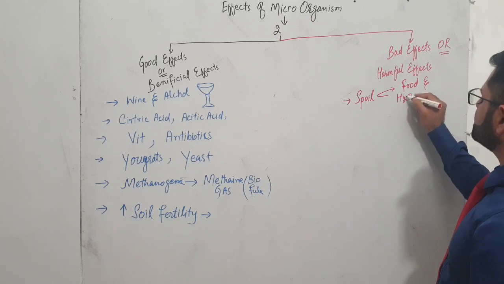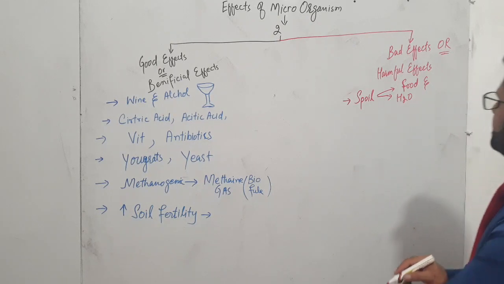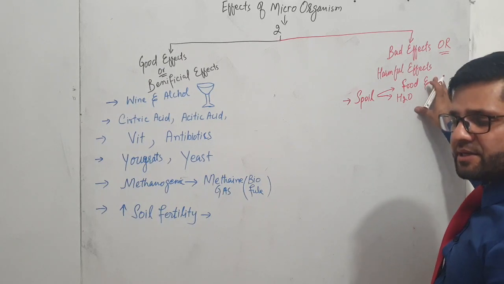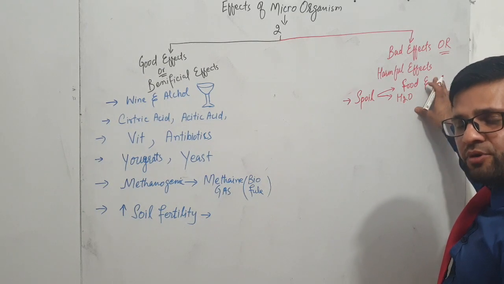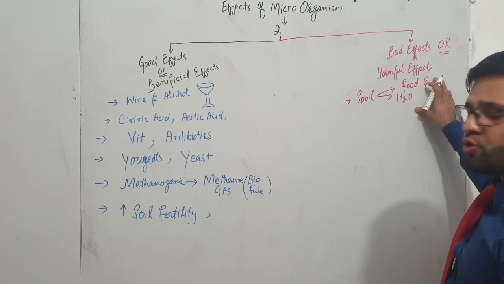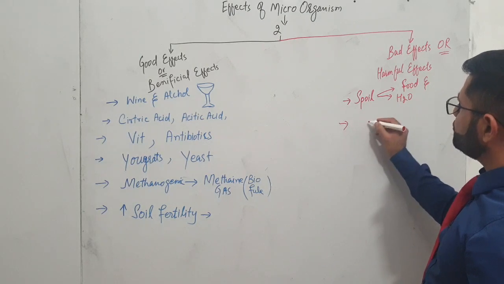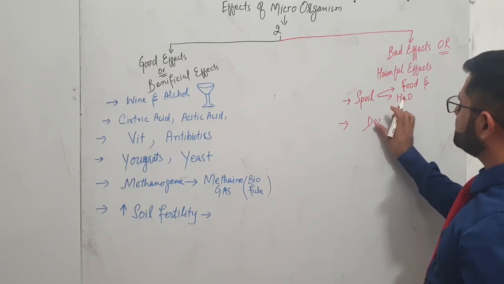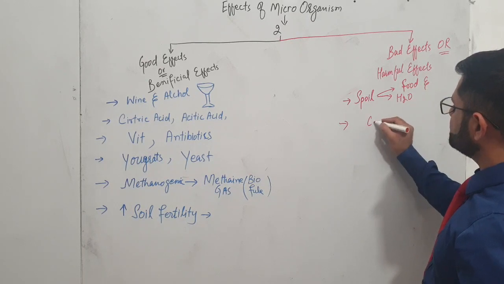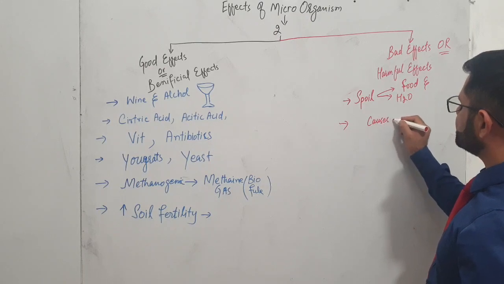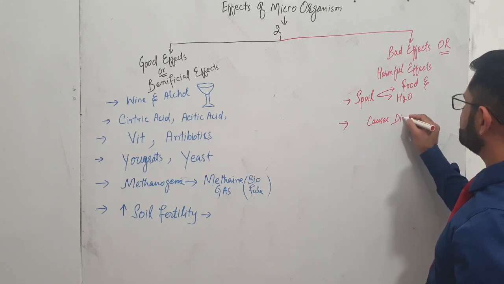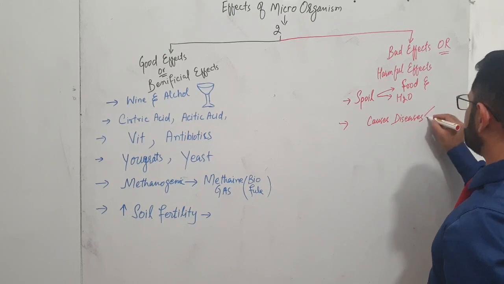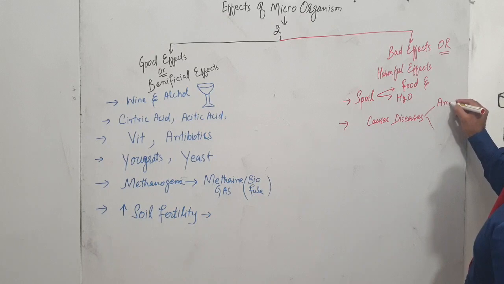And if a person or an organism eats spoiled food or drinks spoiled water, it can lead to disease. They cause diseases in animals as well as plants.